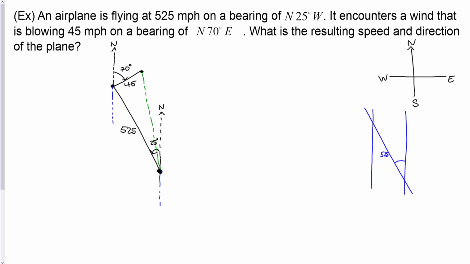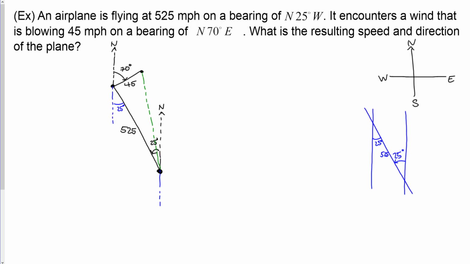And this angle measure off north is 25 degrees. So this angle measure is also 25 degrees. So that means this little sliver is 25 degrees. Now, I happen to know the 70-degree angle and the 25-degree angle. Since they're together on a straight line, I can figure out that third angle in between.